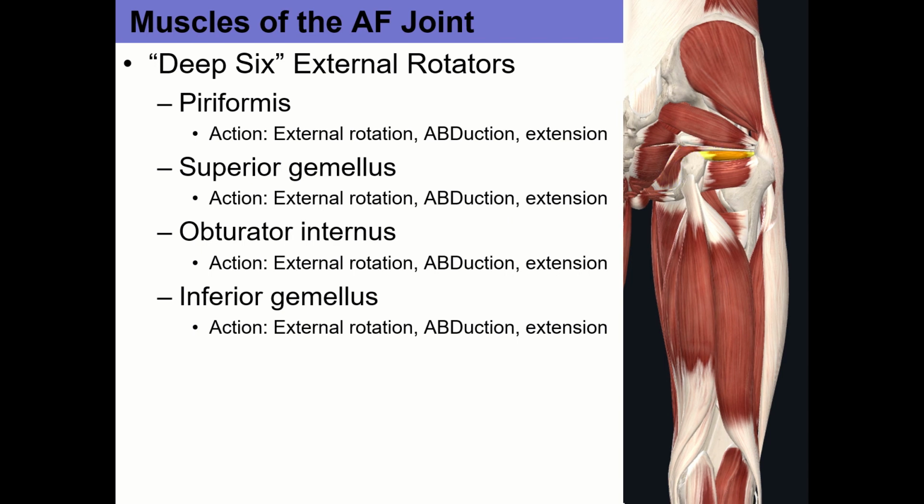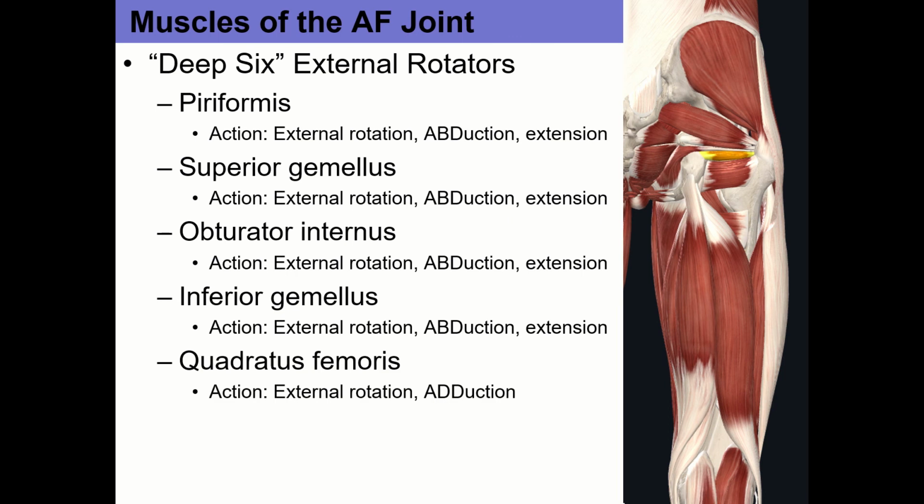So then there's inferior gemellus. So again, inferior gemellus is one of the ones that are a little further down, arising from the ischial. And then we get to the largest, well, second largest of them, quadratus femoris.